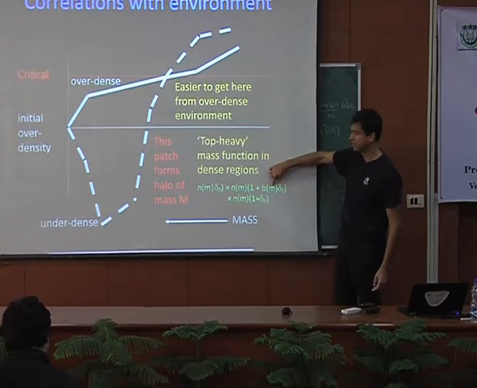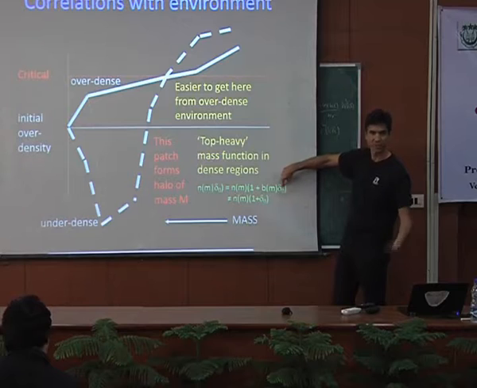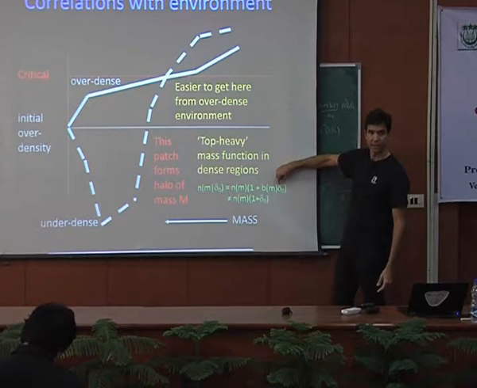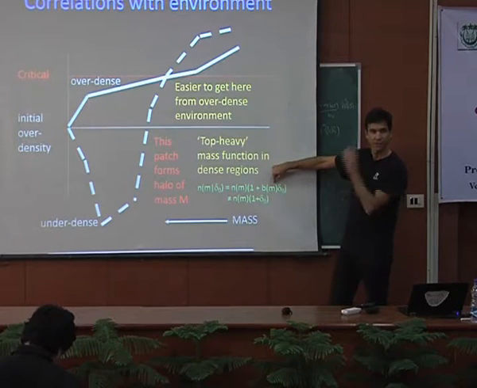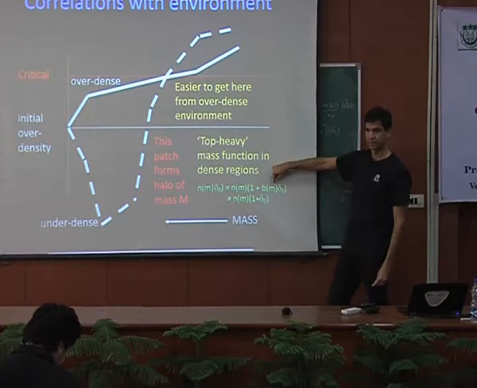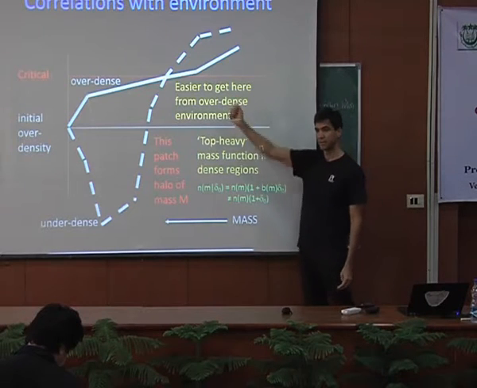If this is negative, then I have fewer of this mass. I'm always multiplying by 0.1 or 0.01, right? And so this is saying that the bias factor is an increasing function of mass. And we will write down soon how to quantify the fact that it's an increasing function of mass. But you can see it must be from this.